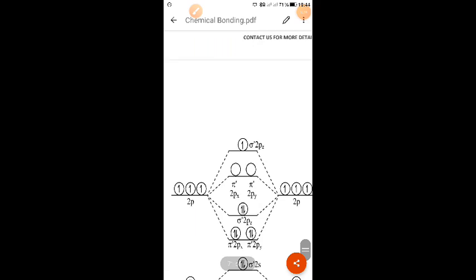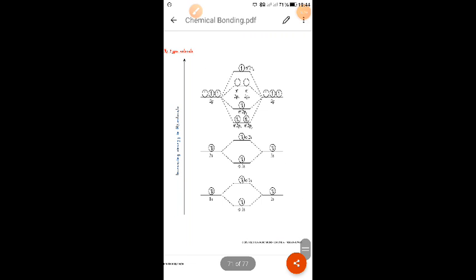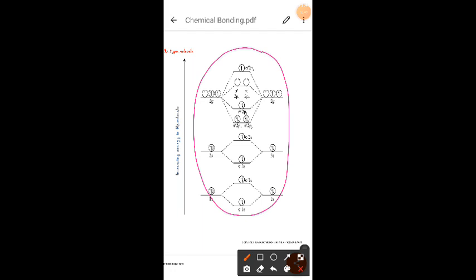So as you can see here in this case, the atomic orbitals overlap to form bonding and anti-bonding molecular orbitals.